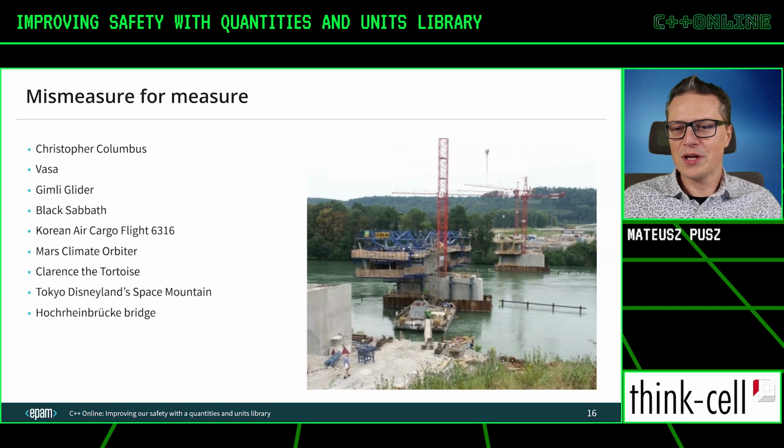They wanted to connect 2 different countries over the river, and during construction, it turned out that there was a sign error, and they ended up with a bit more than half a meter of difference between levels of the road on both sides of the bridge. I'm going to talk about this in more detail a bit later on.